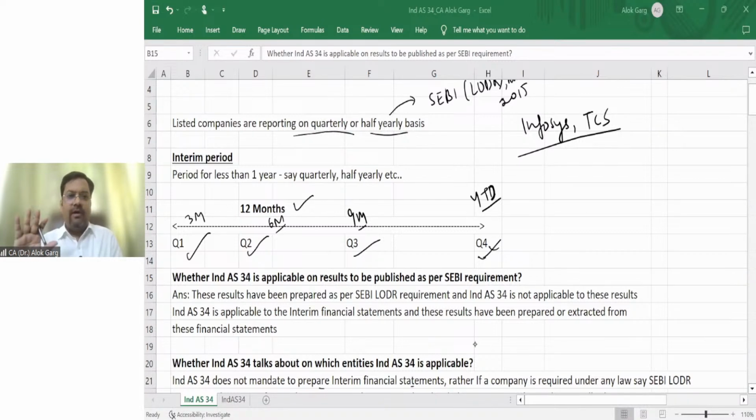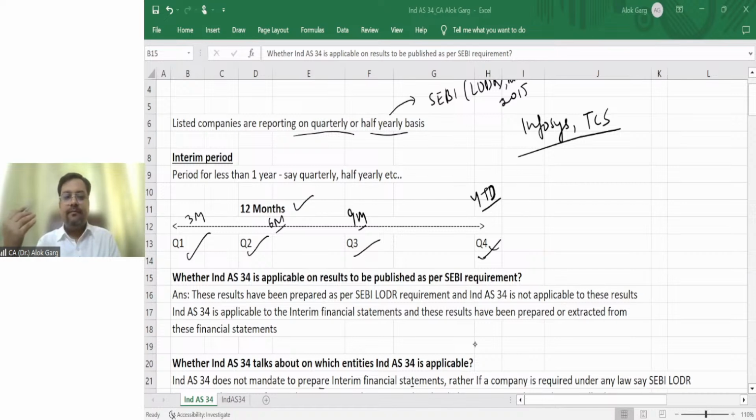I believe all of you are aware about those results which are required to be published to the stock exchanges, which are required to be filed with the SEBI, Securities and Exchange Board of India, right? For the first 3 quarters, these results are supposed to be filed within 45 days from the end of the quarter.